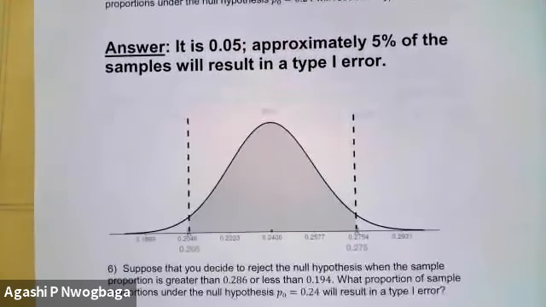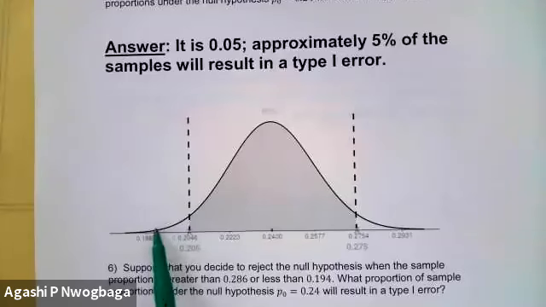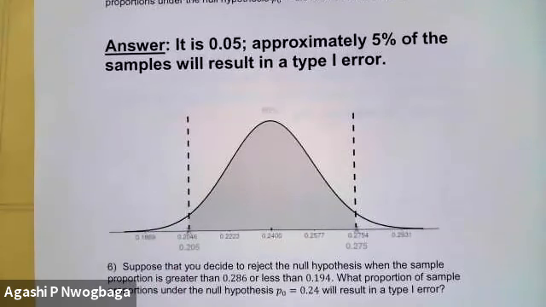Similarly, suppose that you decide to reject the null hypothesis when the sample proportion is greater than 0.286 or less than 0.194. 0.286 around here, and then around here. What proportion of sample proportions under the null hypothesis, p0 equals 0.24, will result in a type 1 error?